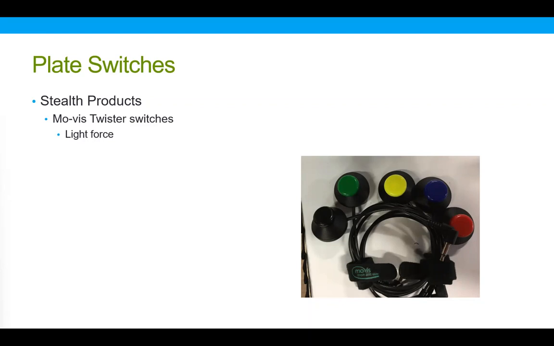This is quite small, maybe half the size in the activation area of a spec switch, and very sensitive. And they do have these new dome-shaped bases so that you can Velcro this somewhere for a client. So you could use all 5 of these at once for power mobility, for example, or just a single switch.